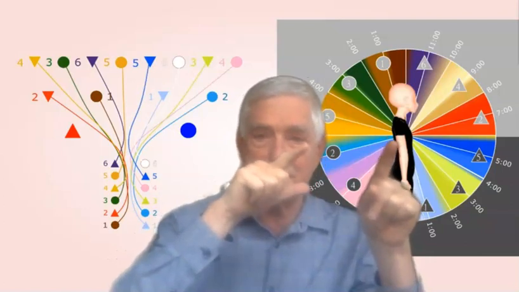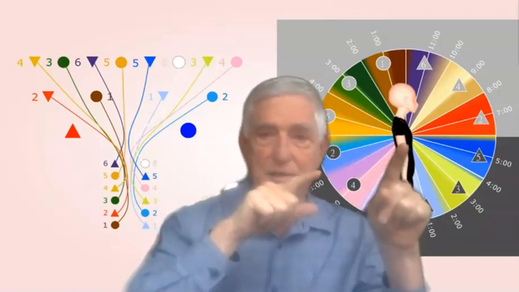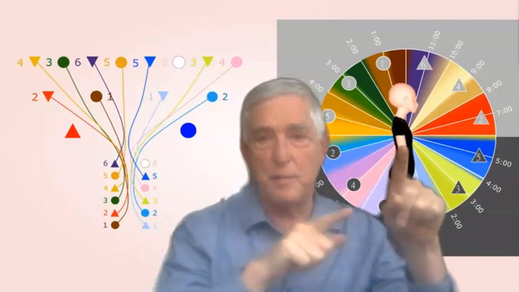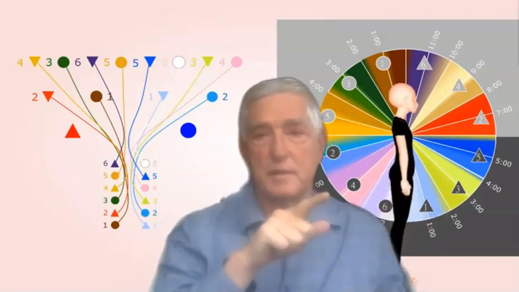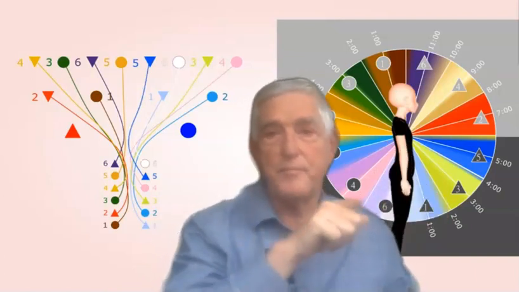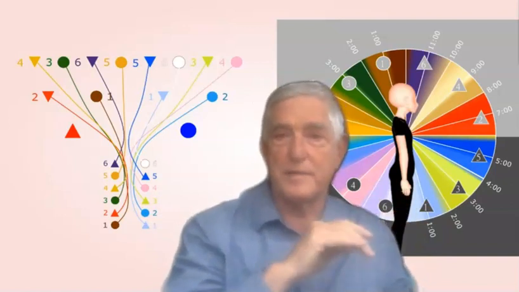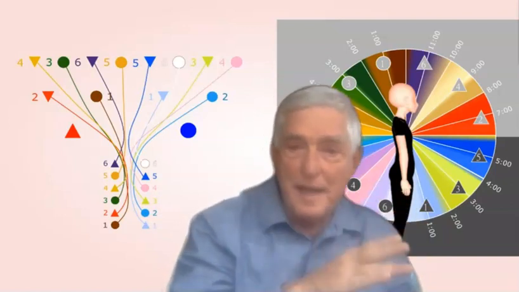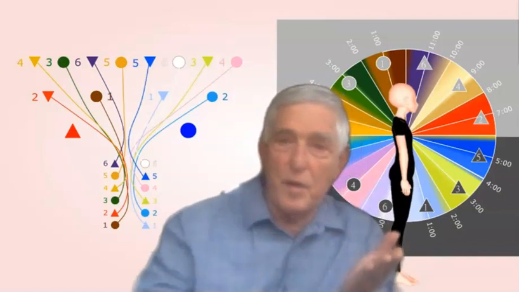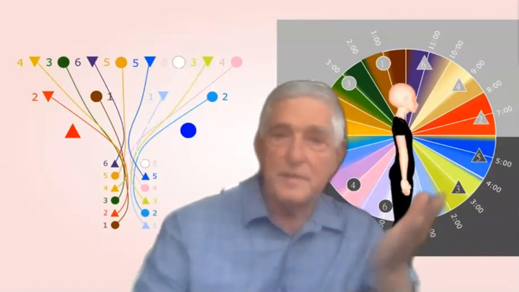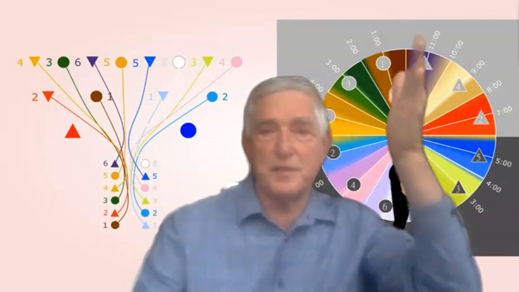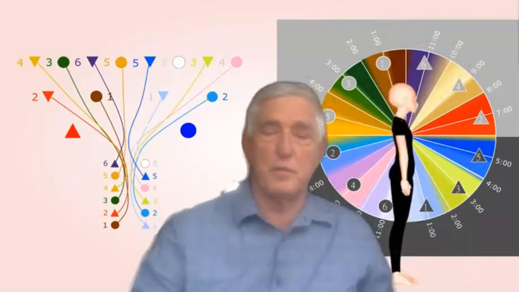That 6 to 8 then leads into the pink area, which is 8 to 10, and the bottom area is 10 to midnight. And then those 6 equivalents to the top lead up to midday the following day.